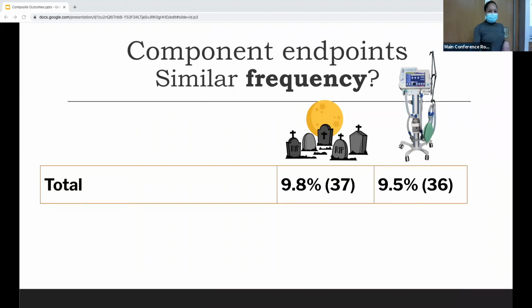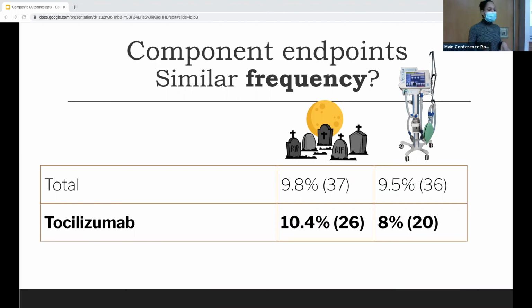So when we're looking at the total population that was included in this study, the numbers were 9.8% death and 9.5% mechanical ventilation. So very, very similar in terms of the overall population. When you break it down a little bit more, among patients who received tocilizumab, there was 10.4% death and 8% mechanical ventilation.